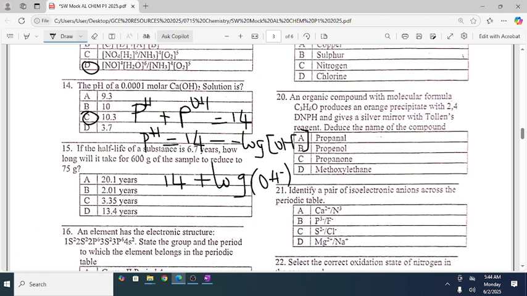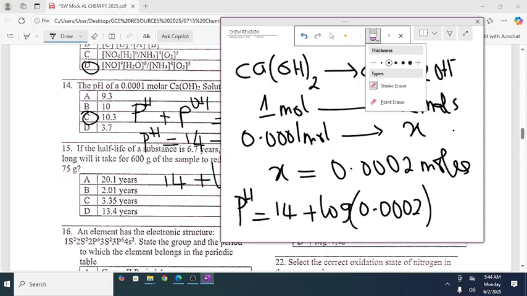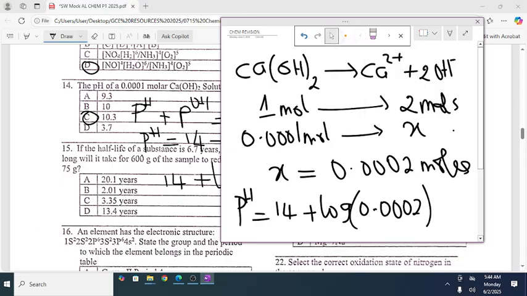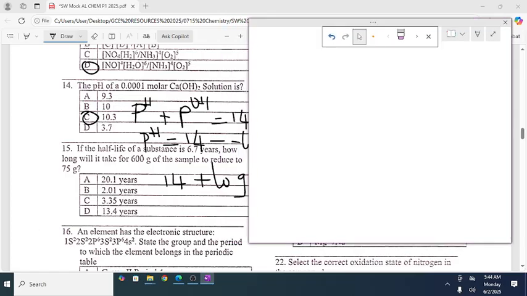So according to the equation, they have given us a half-life, they have given us the initial amount, 600 grams, and they have given us a final amount because it's reduced to 75 grams. That's the final amount, 75 grams. Now we need to find the time taken for that to happen.